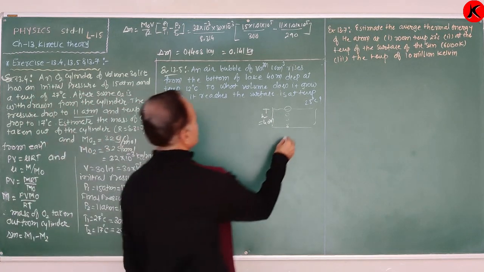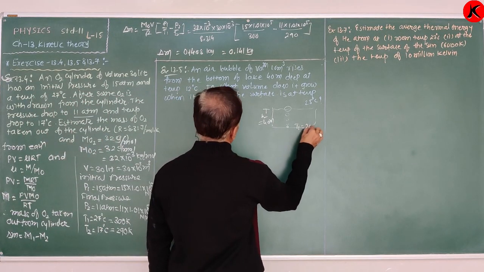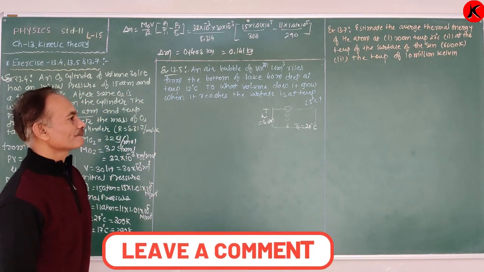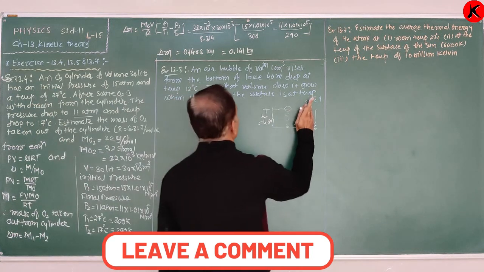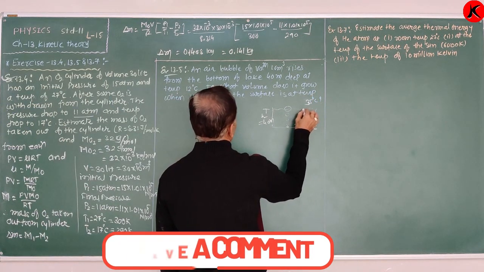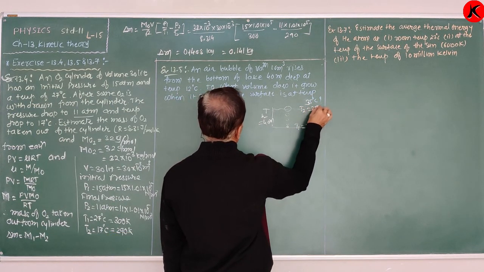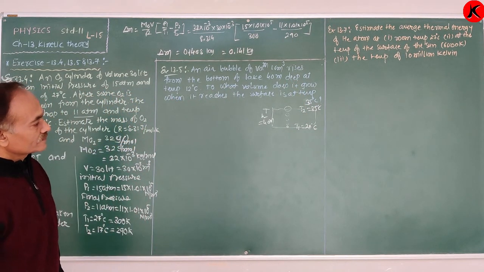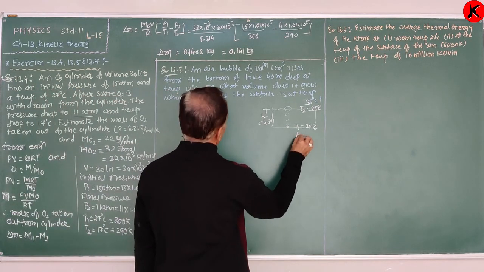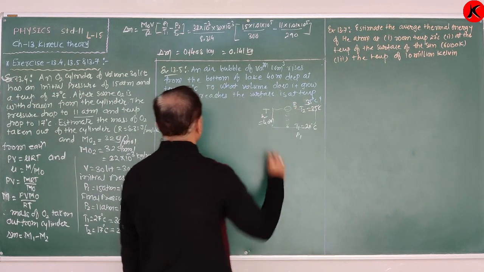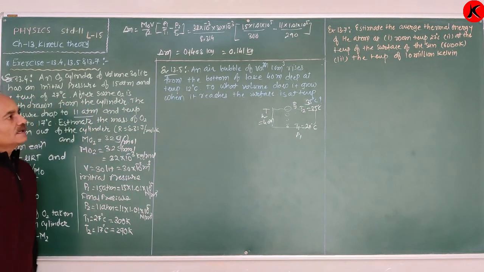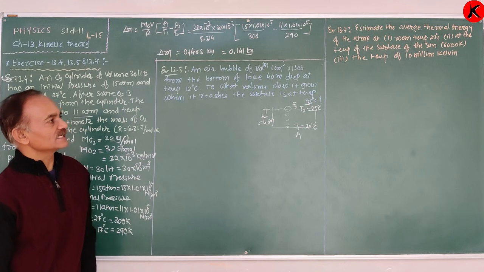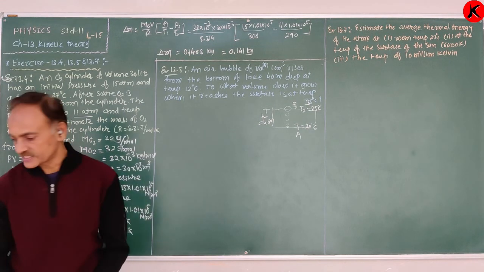Now here the temperature T1 at the bottom is 12 degrees centigrade, and at the top, on the surface, it is 35 degrees centigrade. The pressure at the bottom is P1, and on the surface it is P. Now, to what volume does it go when it reaches the surface at a temperature of 35 degrees centigrade?